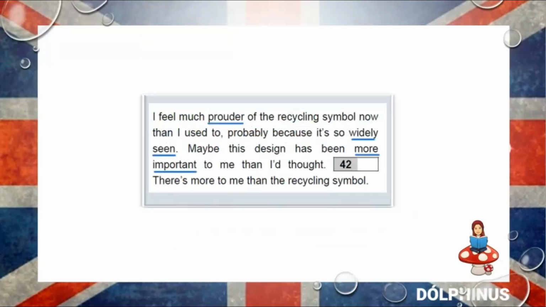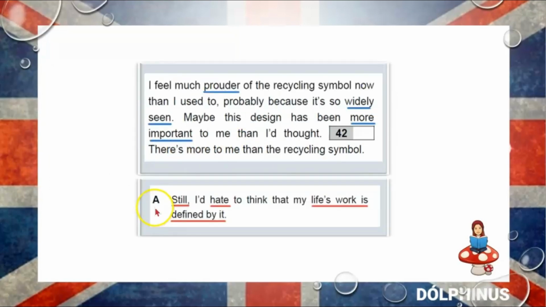In 42, he's talking positively about what he feels for the symbol now and why. He feels prouder because it's widely seen. He considers it more important than before. 8 begins with still, which introduces the same meaning as however and but.